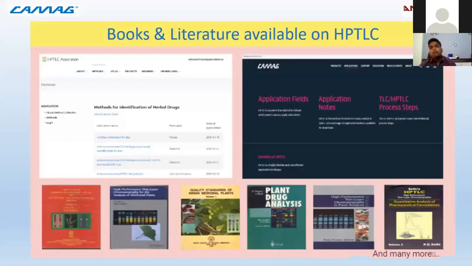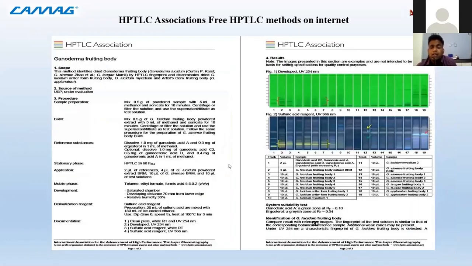Now for HPTLC analysis and literature study, a lot of books are available and online sites are also available. So these are the books you can refer to for plant and drug analysis: the Wagner book, then the ICRACKSER book, ICMR books, and there is the HPTLC Association.